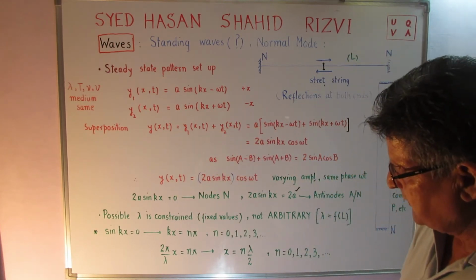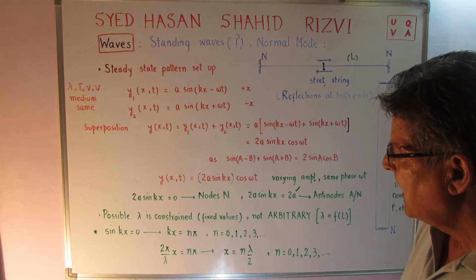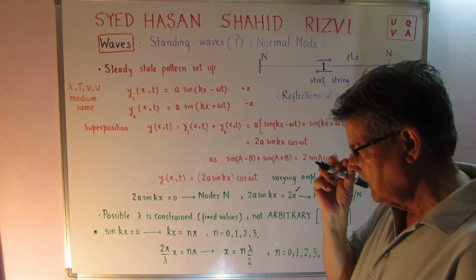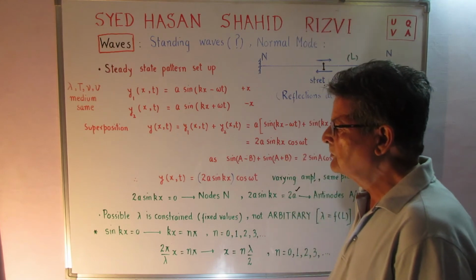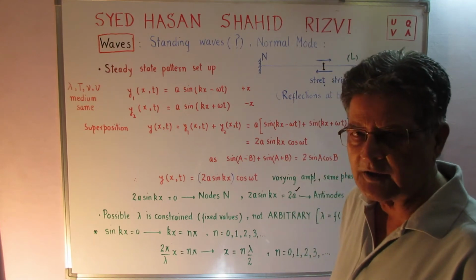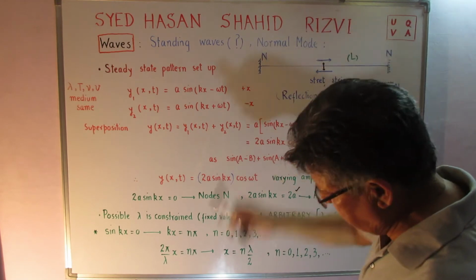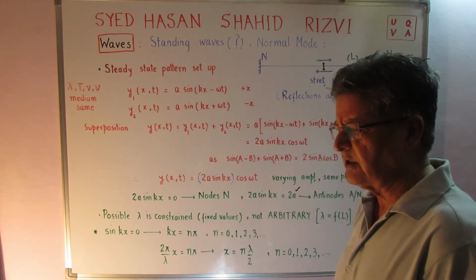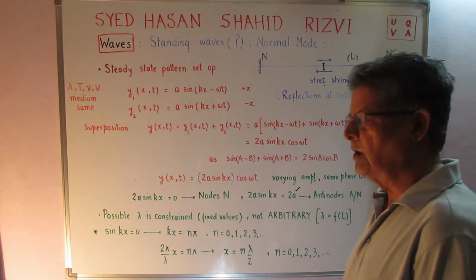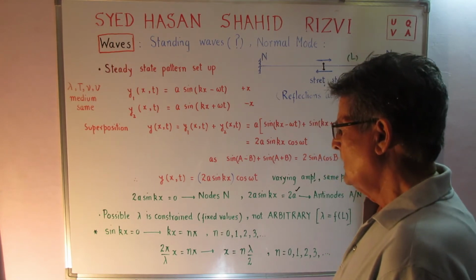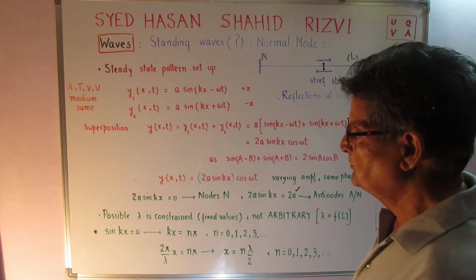So that means that all waves cannot travel inside the pipe, all waves of any frequency for that matter. If you say any arbitrary frequency, no. Certain fixed frequencies are there.